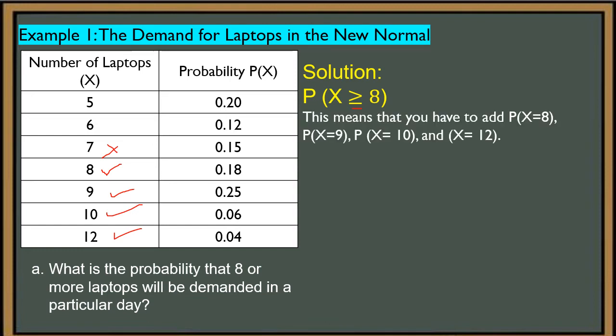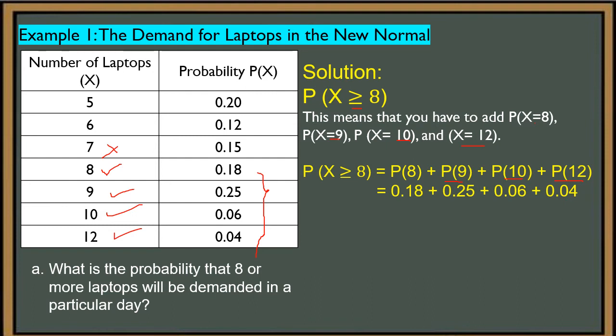Next, what shall we do? This means that we have to add the probabilities of the random variable values 8, 9, 10, and 12. So our equation: the probability of x greater than or equal to 8 is equal to the probability of 8 plus the probability of 9 plus the probability of 10 plus the probability of 12.